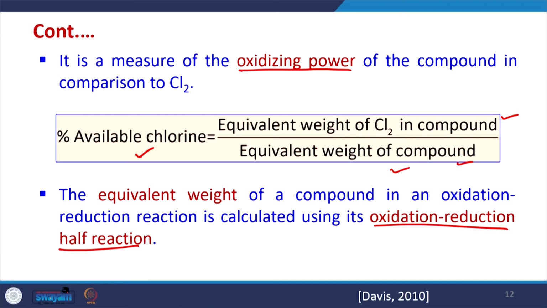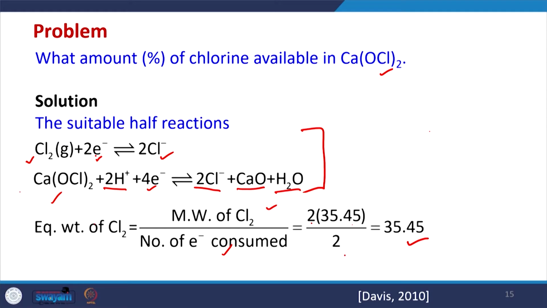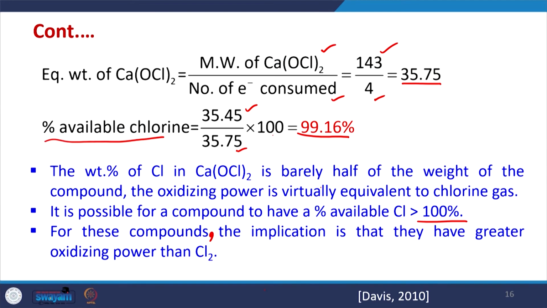For this we use the Cl2 half reaction plus the reaction for that particular compound. So, this gives a good idea for comparing different types of chlorinated species and their oxidizing power.